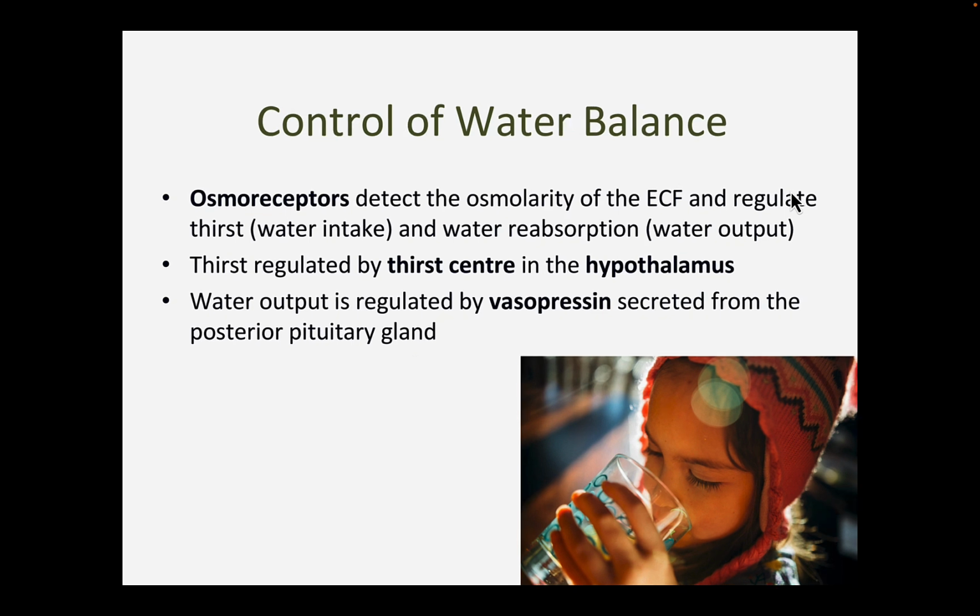We have specialized receptors called osmoreceptors, and these are detecting the osmolarity, the concentration of our extracellular fluid. In turn, they will regulate thirst or water intake and how much water we reabsorb in the kidneys, or our urine or water output. Thirst is regulated by a thirst center in the hypothalamus, and water output is regulated by vasopressin, which we discussed when we did the renal system.